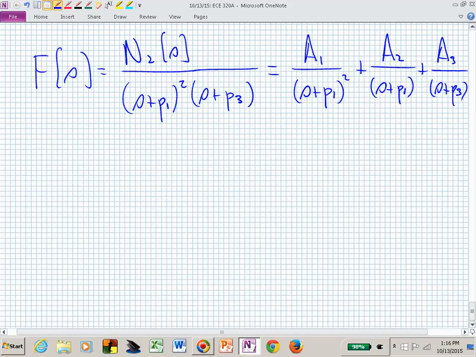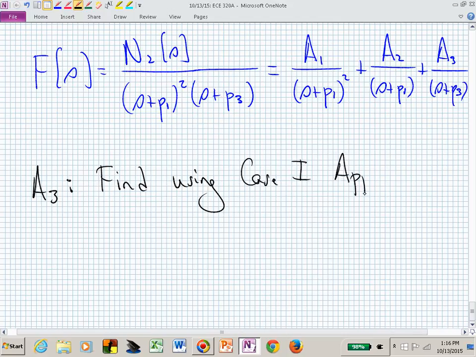How do I find a sub 3? That's exactly case 1, isn't it? I can continue to use what I just did for case 1. To find a sub 3, I'm just going to find that using the case 1 approach.